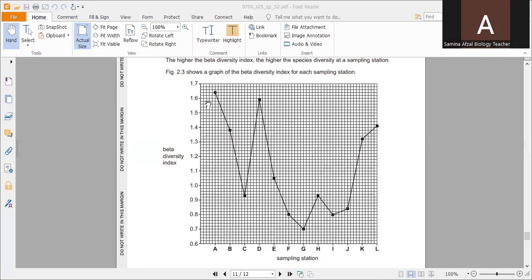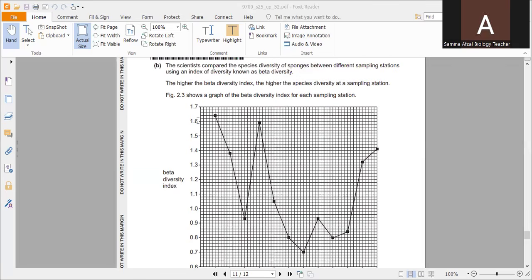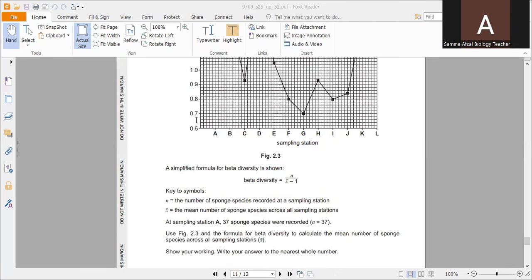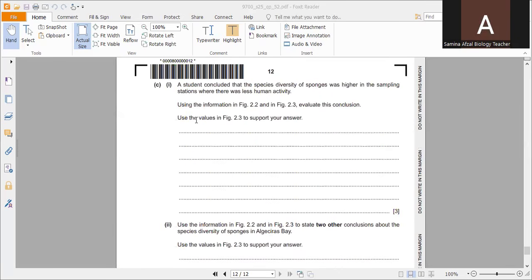So these 3 points support the answer, that species diversity of sponges is higher in the sampling stations where human activity was less.